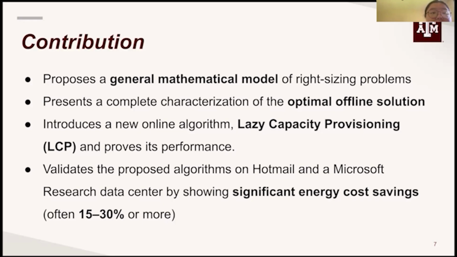That is to say, we will have a good benchmark of comparing our work to the theoretical optimal. Thirdly, and most importantly, they introduced a new online algorithm called lazy capacity provisioning and validated their solution with significant energy cost savings. So under certain contexts, the energy saving will range from 15% to 30%, which is a big amount.